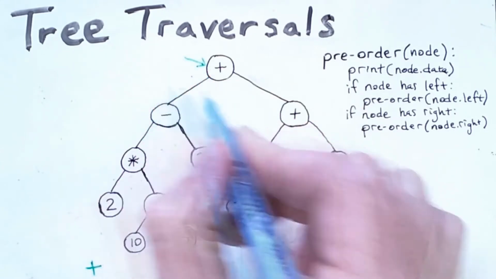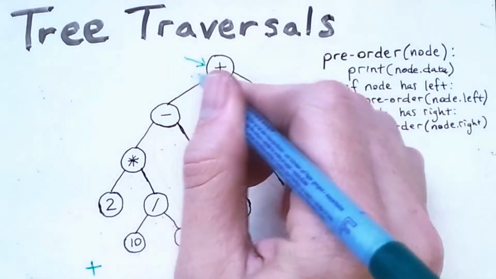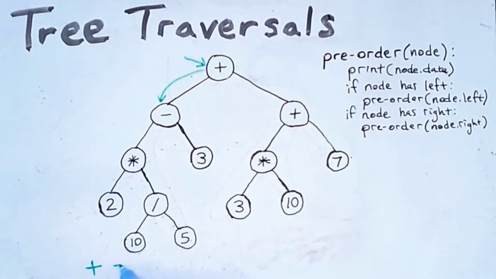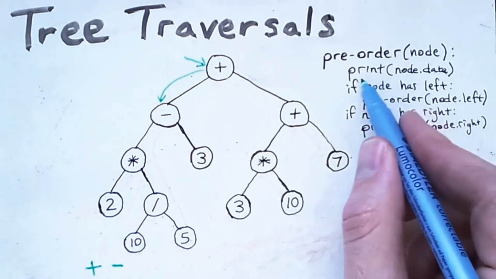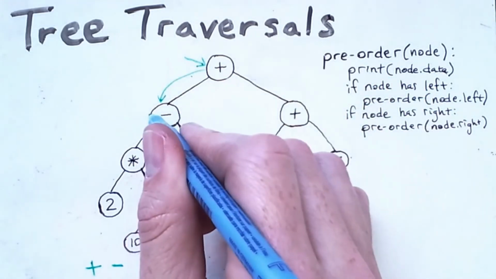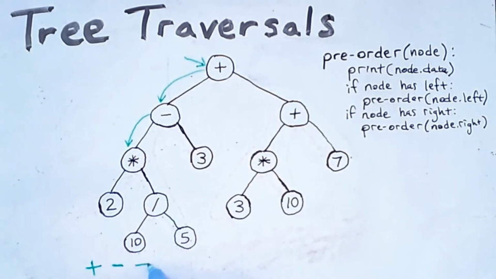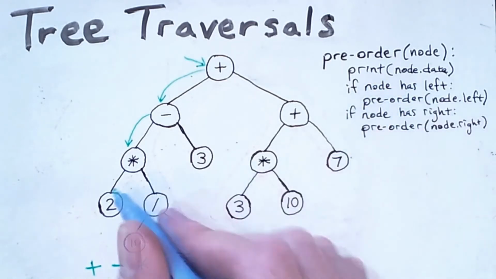Now we go to the left. Well, the first thing we do is we print node.data. So we're going to print that node's contents. So plus and then minus. And then we'll go left from there and we'll print the data in that node. So from here we go to multiply, print out, and we go to the left and print the node data.